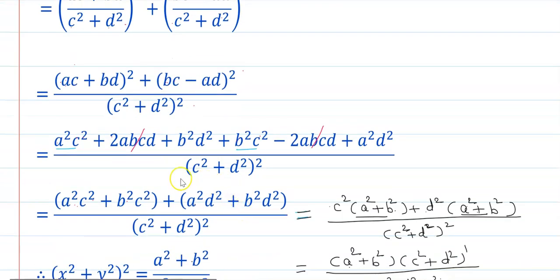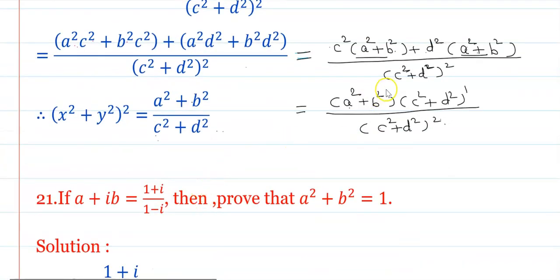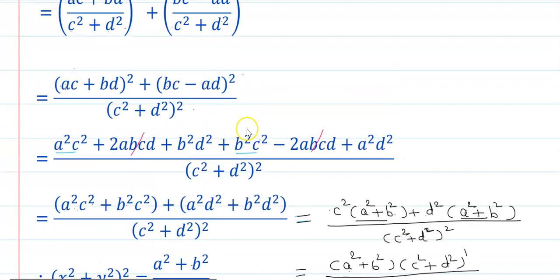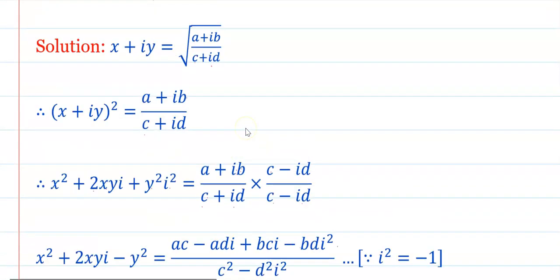Take the common terms, C square, here D square. Collect it, cancel it. It is tough, you will have to practice it 2-3 times. Okay, see this again.